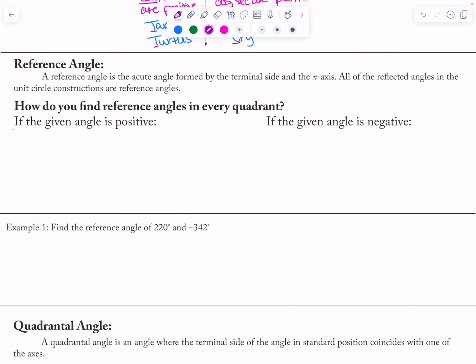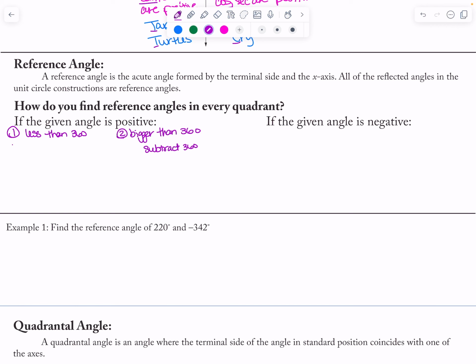If the given angle is positive, then option 1 is that it is less than 360 degrees, or option 2 is that it is bigger than 360 degrees. If it's bigger, then you subtract 360 to get it to be smaller.